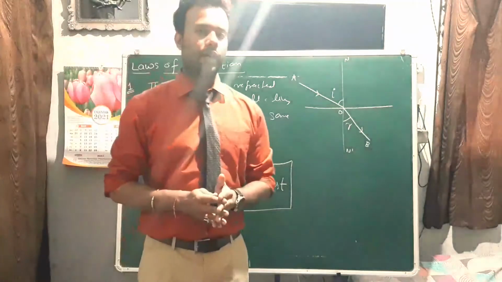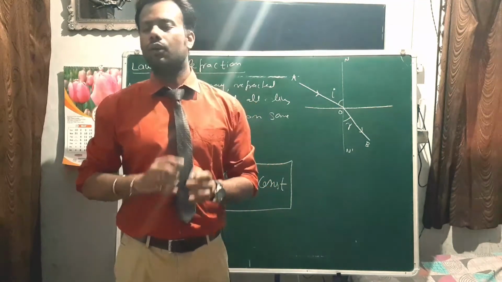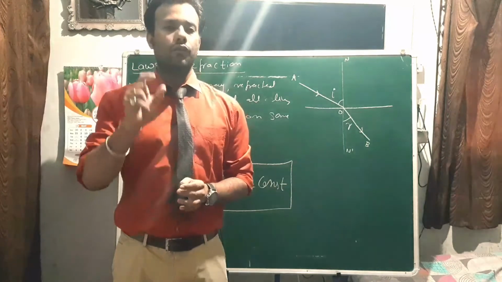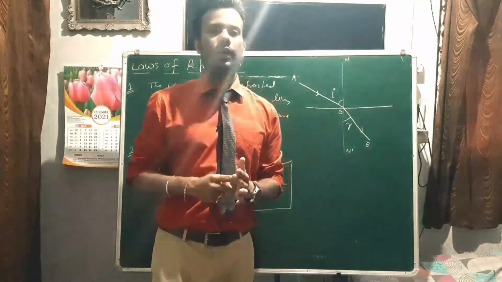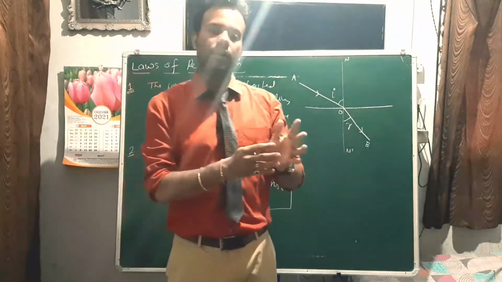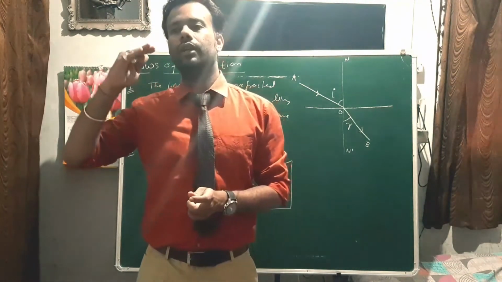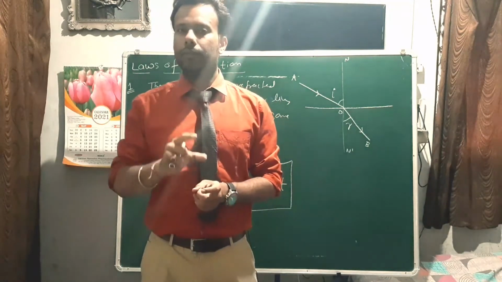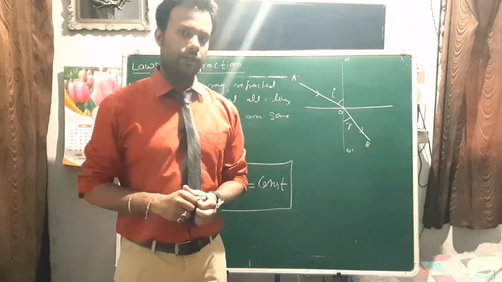You will find that the ratio of sine i to sine r always remains constant. It will not change for a given pair of media. See, for a given pair of media, it's not like in the first case you take air and glass, and in the second case you take air and water. No, that will change. For a given pair of media, this ratio always remains constant.